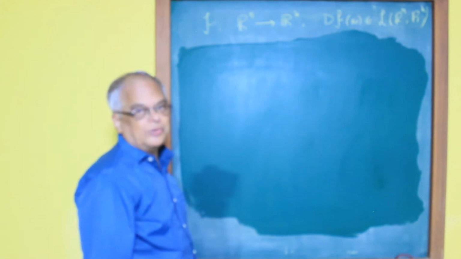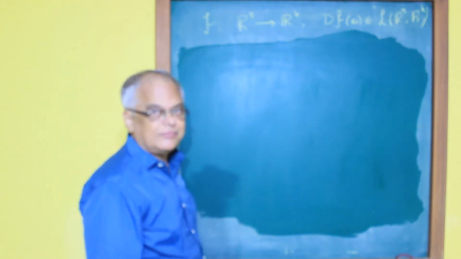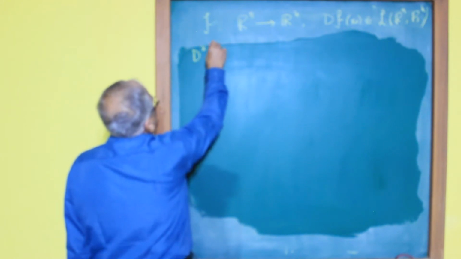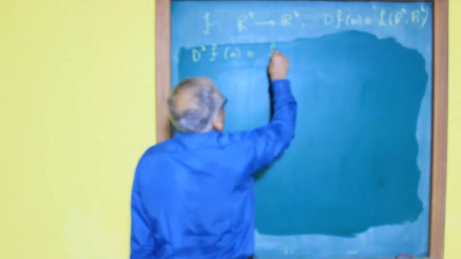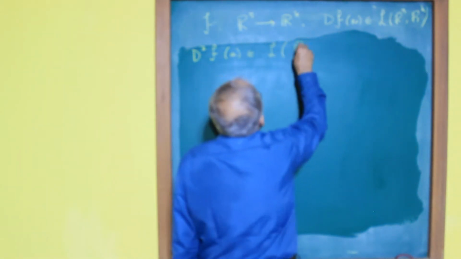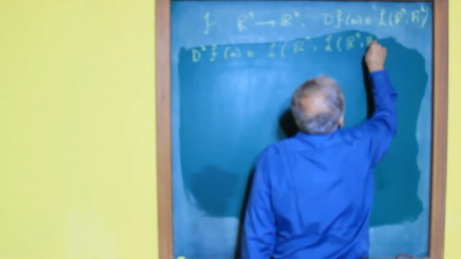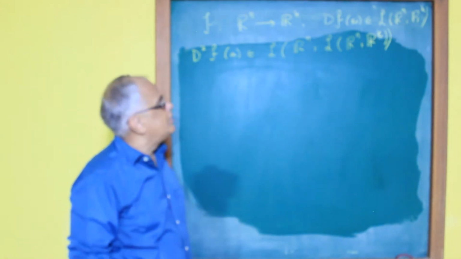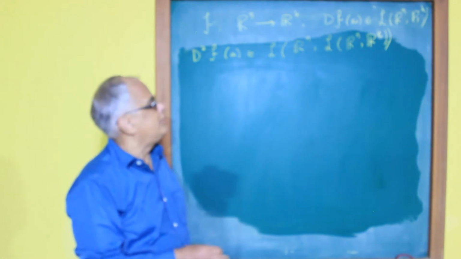So the derivative of a function is a linear map from Rn to Rk. This immediately led us to talk about the second derivative. The second derivative of f at a point E is a linear map from Rn to linear maps from Rn to Rk.